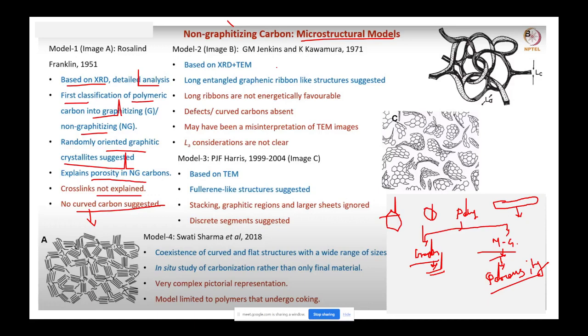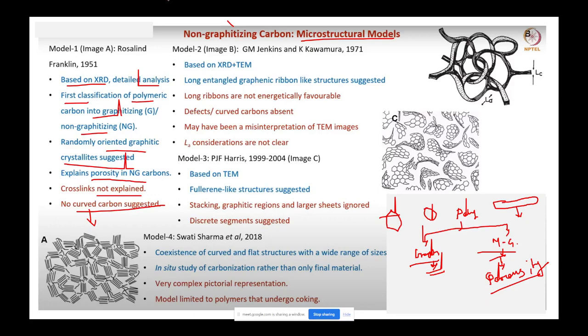So it is a matter of angle. In planar it is 90 degrees or 180 degrees, but here it is somewhere in between. That's where you get curved carbon.